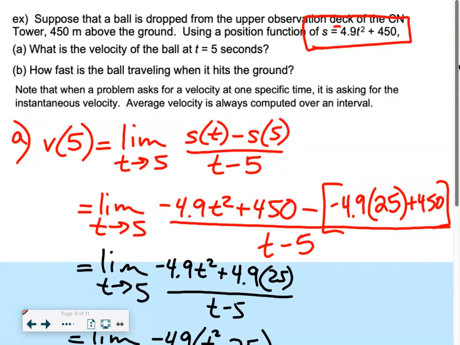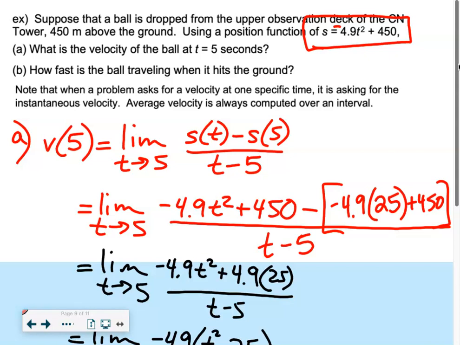So, how do I know when it hits the ground? Solve for 0. Oh, you said set s to 0, not velocity to 0? Don't you stop when you hit the ground? That's your position. Okay, you're absolutely right. When you need to find out when something hits the ground, that's when your position is 0, right?